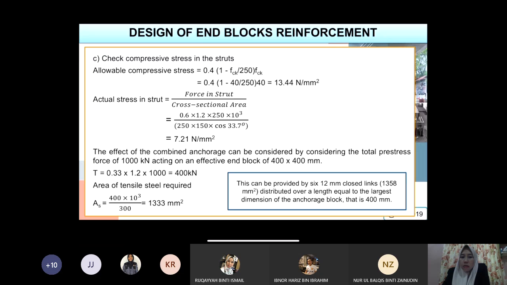Right, so at least I know it's not much. I know it requires much more explanation. But at least you know what the end block is, where it is, and why it must be designed. And at least you know what kind of reinforcement you need to provide.